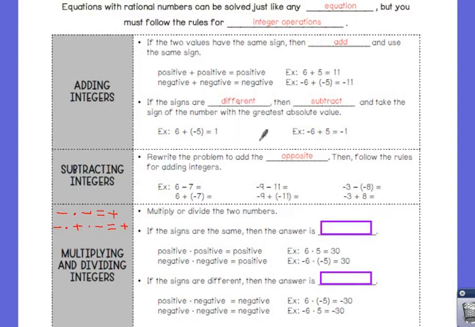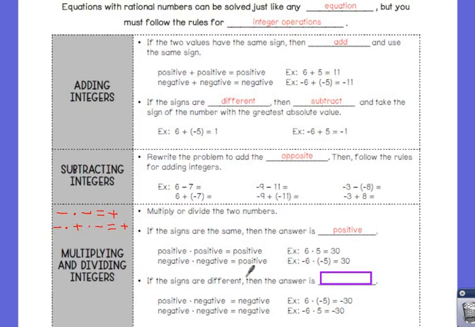Okay? So refreshing that, if the signs are the same, so if I had 2 of the same signs, the answer turned out to be positive. So a positive times a positive will always be a positive. A negative times a negative will always be positive.